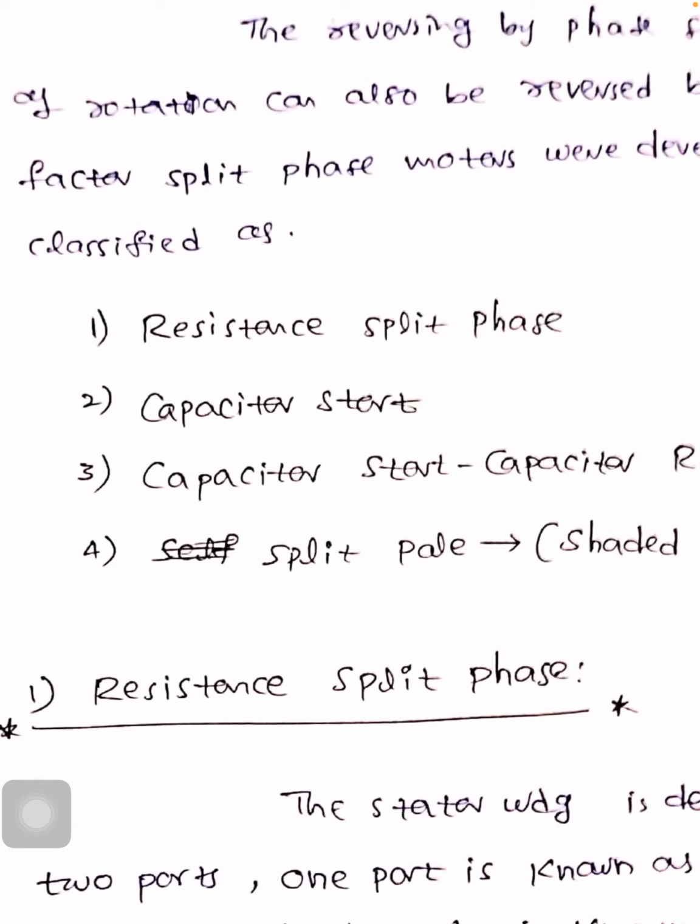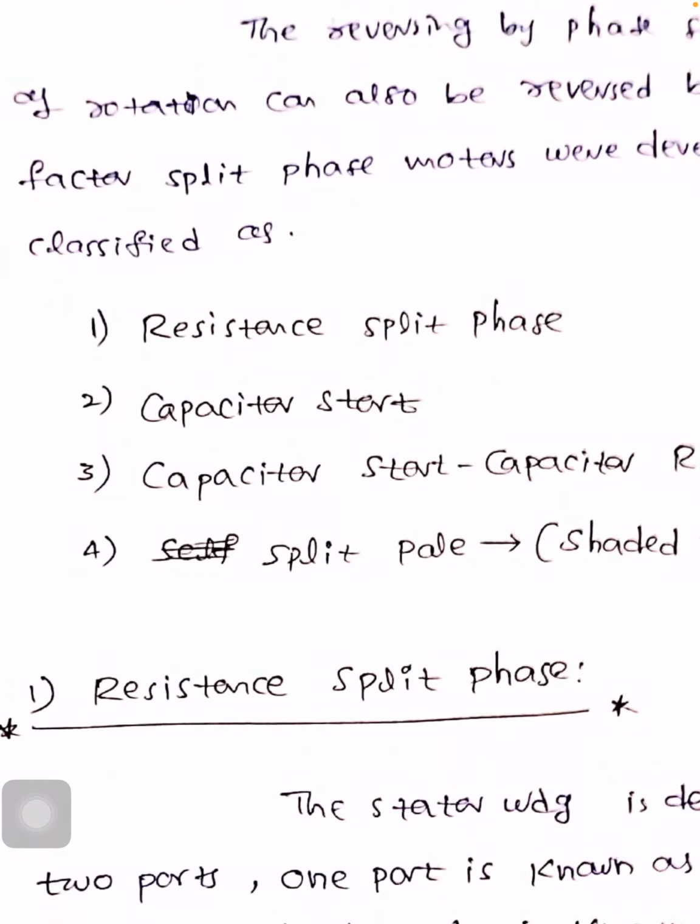So it is very different from the 3-phase induction motor. In the 3-phase induction motor, the classification is based on the rotor construction, but here the single phase induction motor is classified depending upon the construction of the stator part, right?